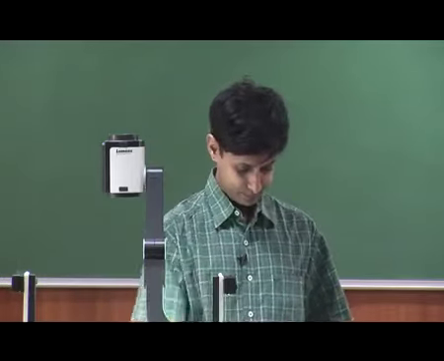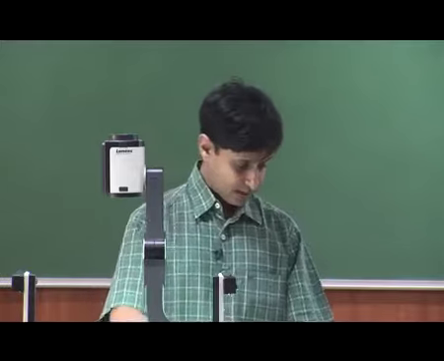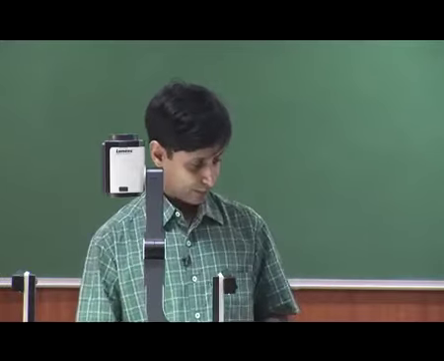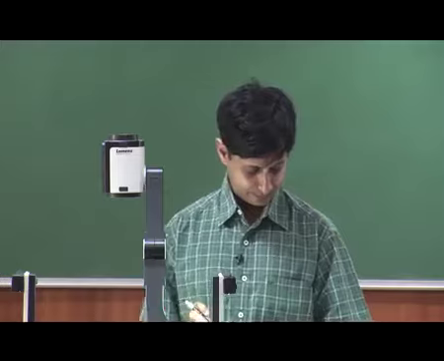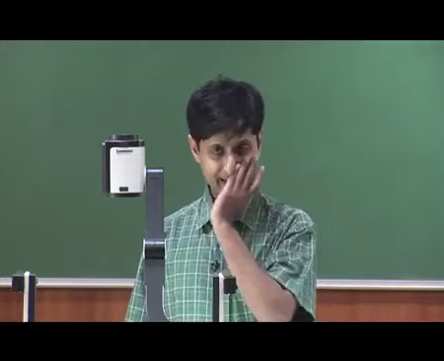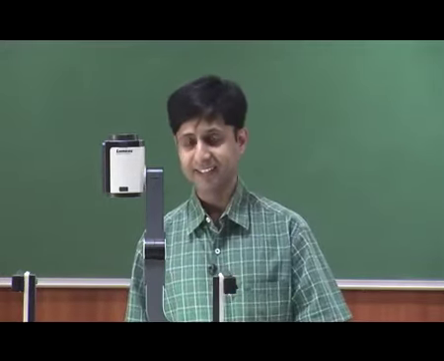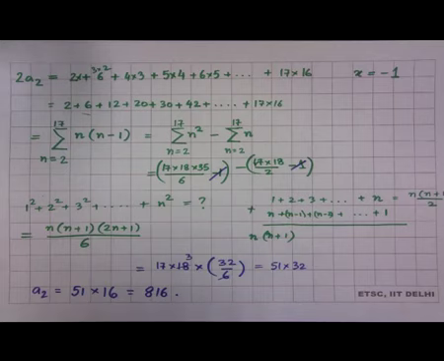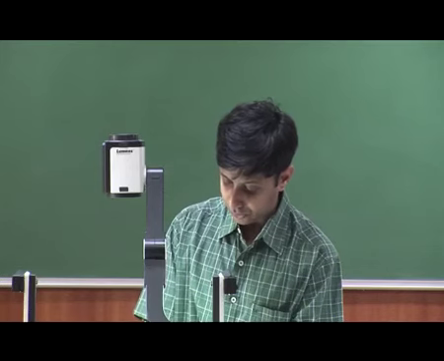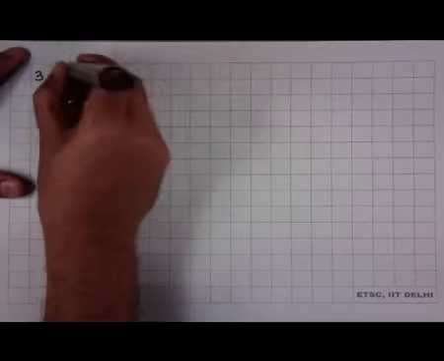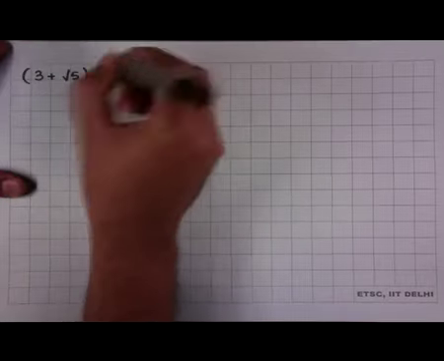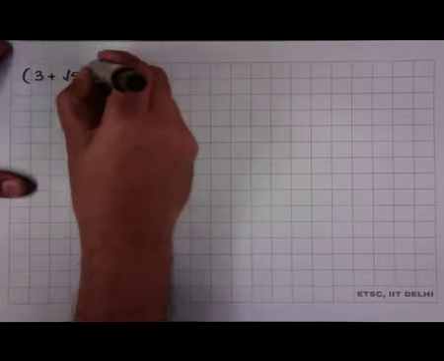Okay. So, the next example that we are going to do, here again this is going to be an exercise in elegance, how elegant is your solution. So, the question over here is suppose you have got 3 plus square root of 5 whole to the power n.